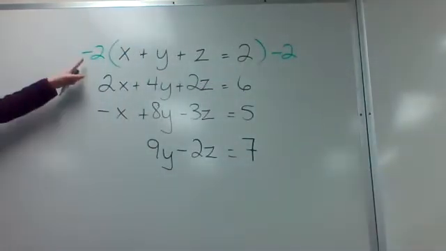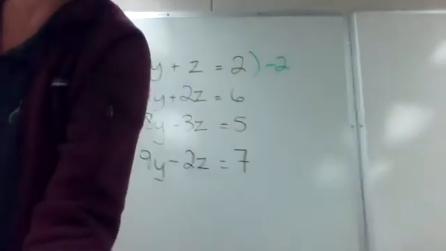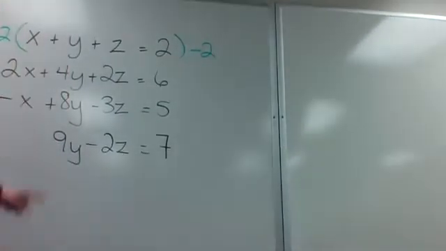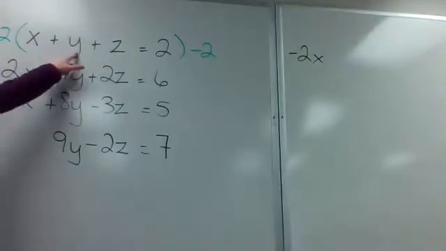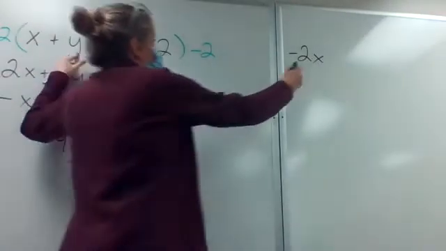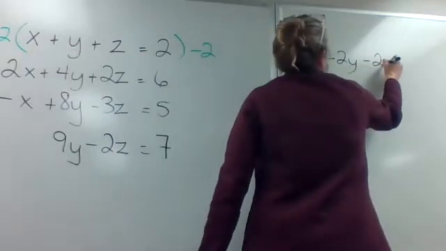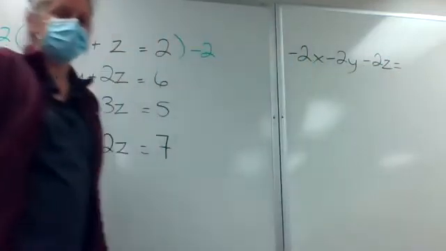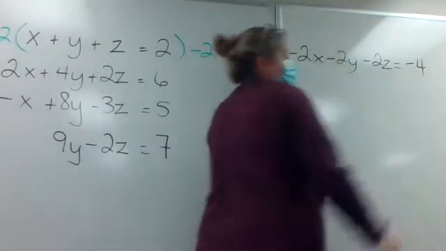So let's see what that gives me. -2 times x gives me -2x. -2 times y gives me -2y. -2 times z gives me -2z equals 2 times -2 is -4.